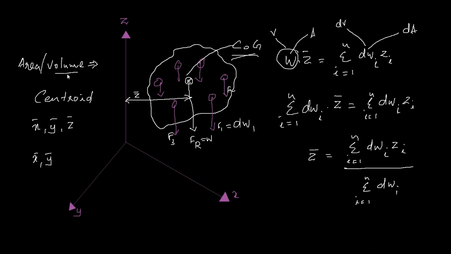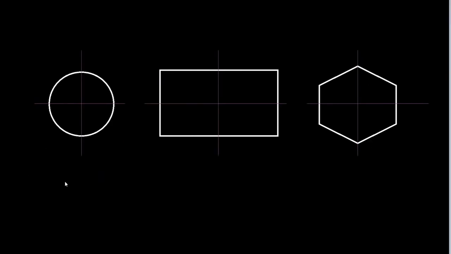So that's the center of area and center of volume. Now, how are we going to find the center of gravity or centroid in a case where we deal with different shapes in your calculations?